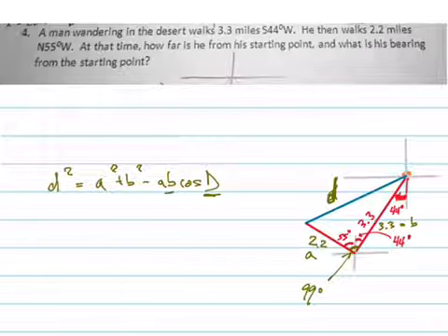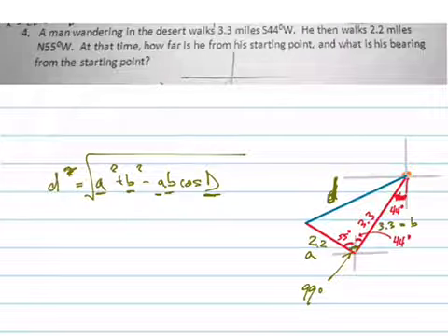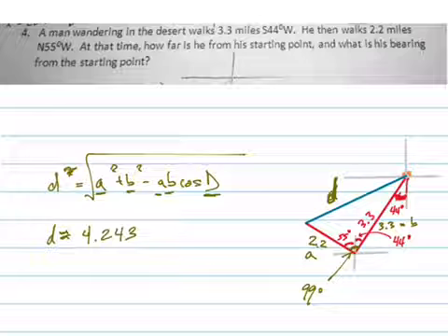Just plug in all your values, or better yet, use your calculator and the store button, and don't forget to take the square root. So d equals the square root of that whole mess. Let's find that. We got d equals 4.243, which makes sense.